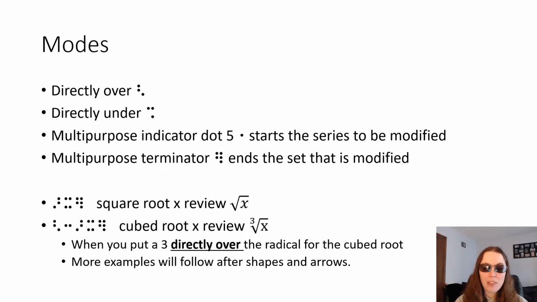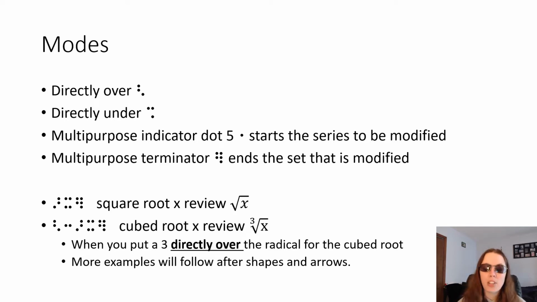A review of some of the modes and indicators from the past few weeks. Remember, if something is written directly over, you'll use dots 1, 2, 6. If it's directly underneath something, it'll be 1, 4, 6. That multi-purpose indicator dot 5 can either start a series to be modified or end a superscript.